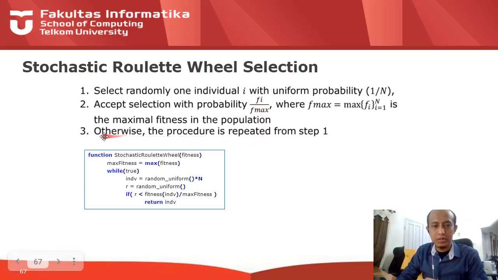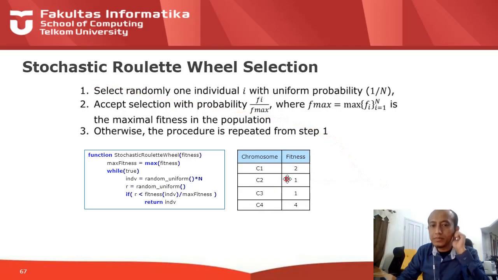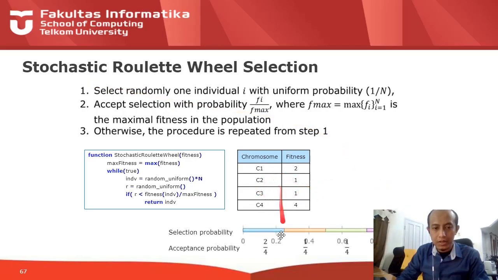Otherwise, we reject the individual and repeat from step 1. As you can see here, the lower fitness individuals have a lower acceptance probability, while the higher fitness individuals have a good acceptance probability or even 1, meaning that it is directly accepted.